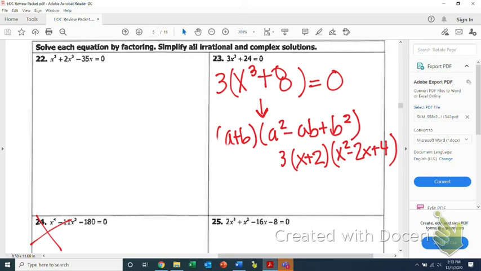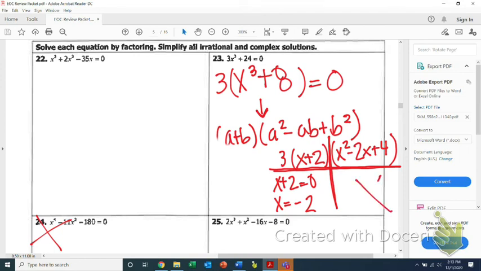All right, now we've got two equations. Set them both equal to 0. Here, you would do the big X. Let's see, can you do the big X here?